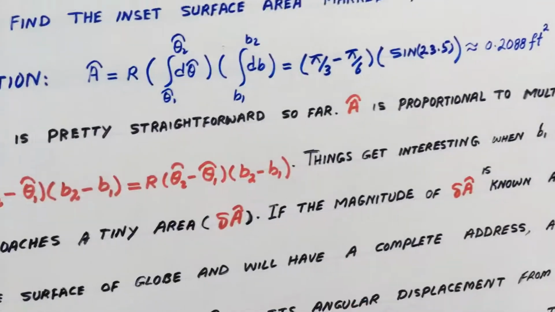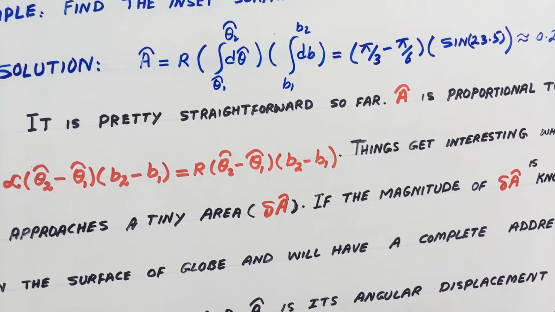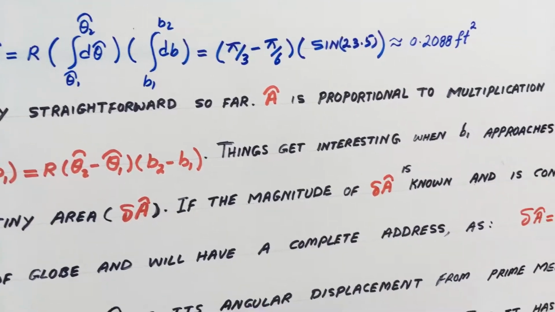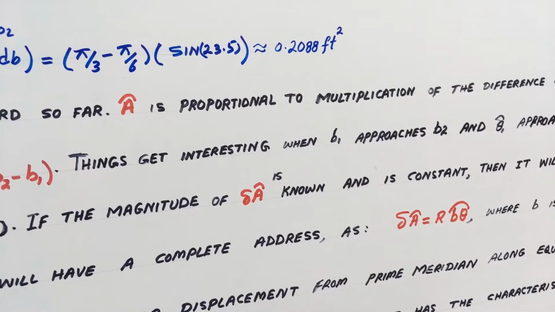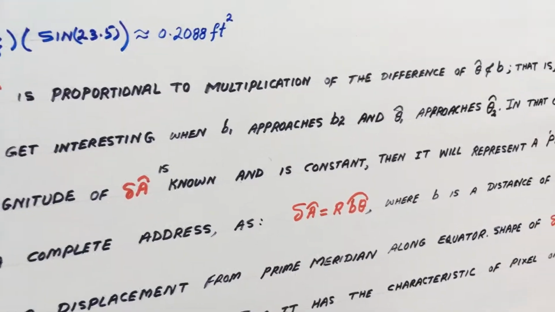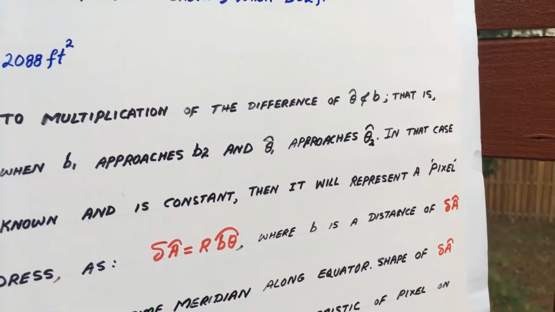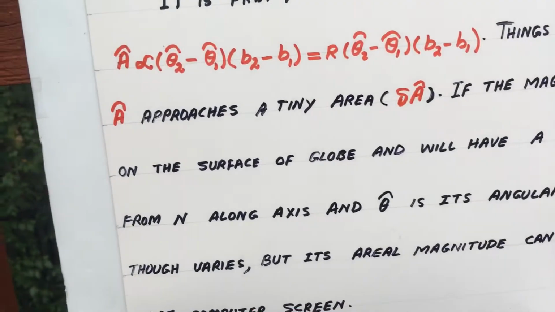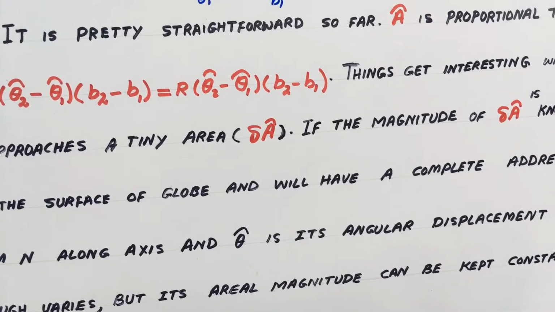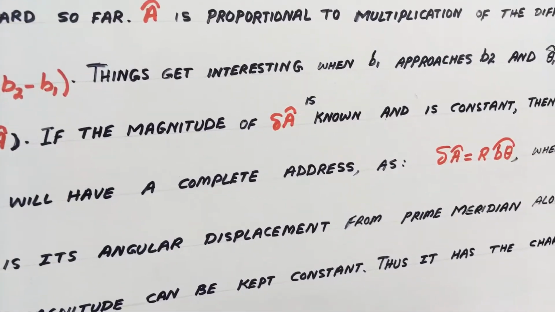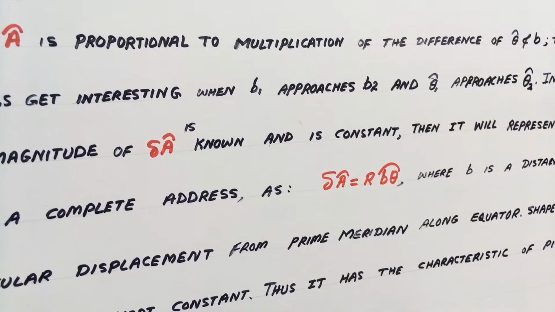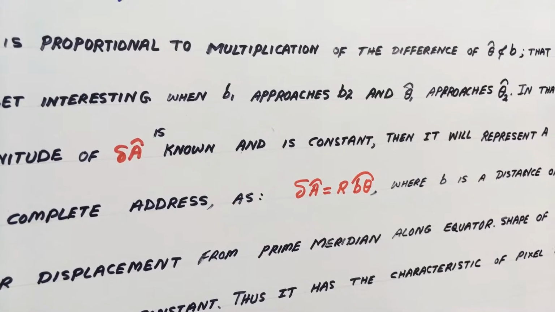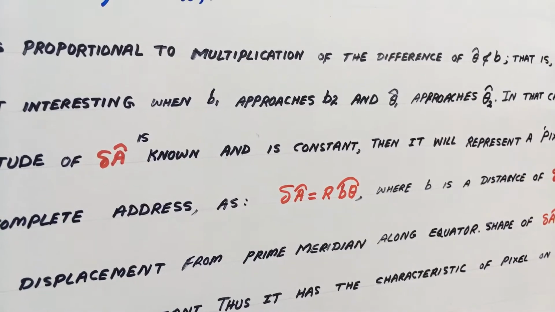In that case, Â approaches a tiny area which is a delta Â. If the magnitude of Â is known and is constant, then it will represent a pixel on the surface of a globe and will have a complete address as delta Â equal to r times Δb Δθ̂.